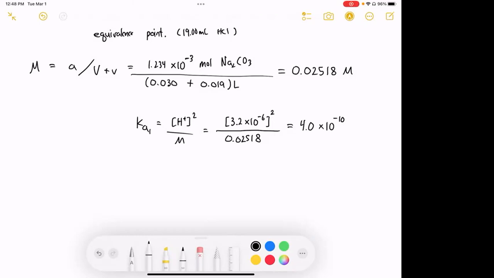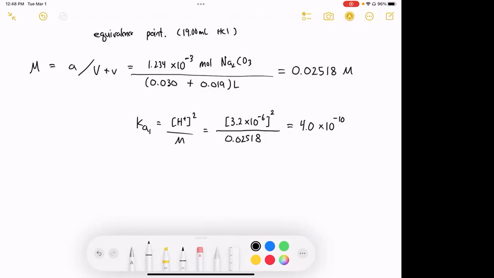Okay, interesting. So what's the Ka of carbonic acid? I know the value should be known. Let me see here. Okay, so the value is 4.3 times 10 to the negative 7th. So not too bad. But my pH was off, right? My pH probably was off because I was using different values.